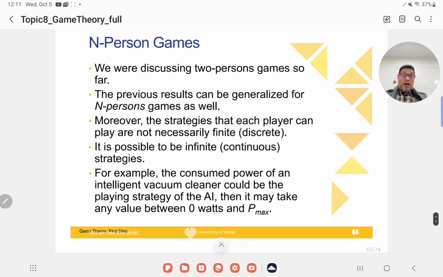What we have seen so far is a 2-player game, but in reality, we can have n-person games. So the number of players can be n, and the strategy is not necessarily discrete, as we have seen. It can also be a continuous strategy.